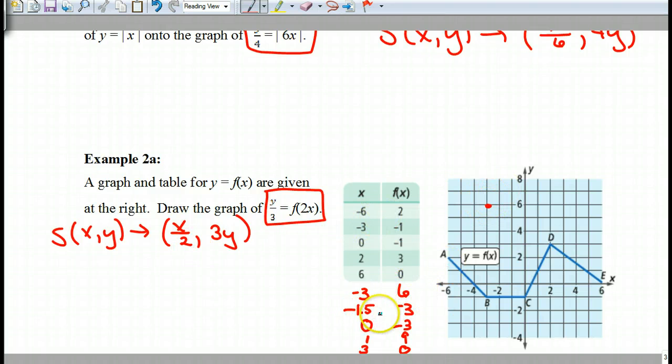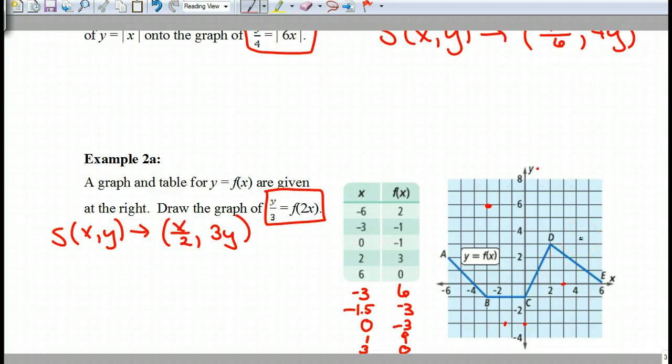Let's look at negative 1.5 and negative 3. That would be right here. And then at 0, it's at negative 3. That's right here. 1 and 9, that would be up above the graph a little bit. And 3 and 0, right here.